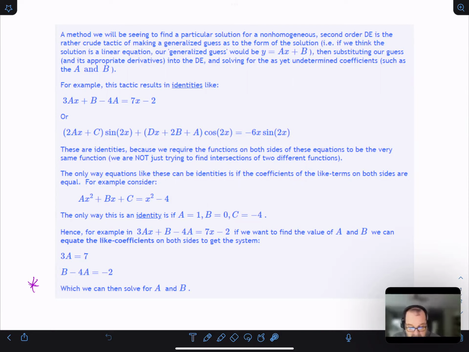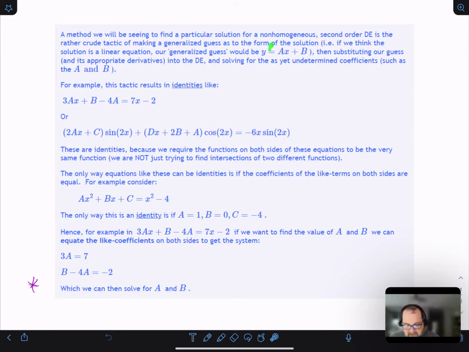So again, a method we will be seeing to find a particular solution to a non-homogeneous DE is that you are going to make a generalized guess as to what you think the solution is, and then you're going to plug in your guess and try to solve. So my little example is, if you think that the solution to the NHEQ is a linear equation, then a generalized guess would be to plug in y equals Ax plus B. Again, I'm using capital A, and usually books use capital A and capital B here.